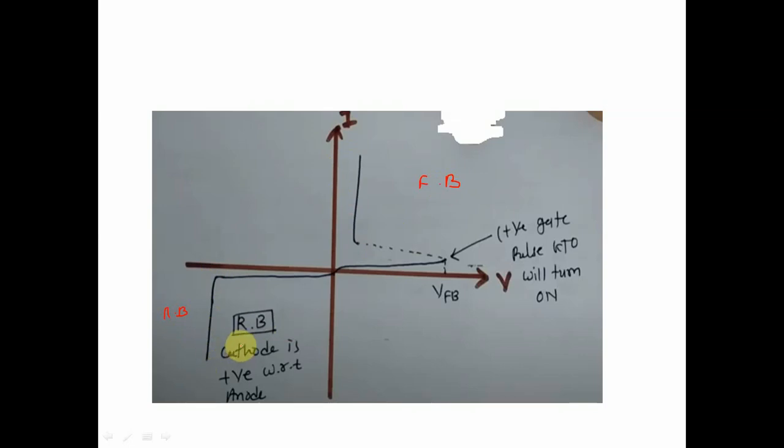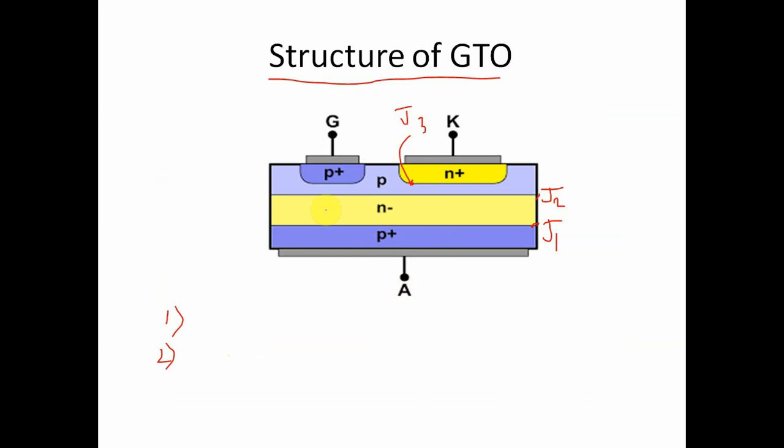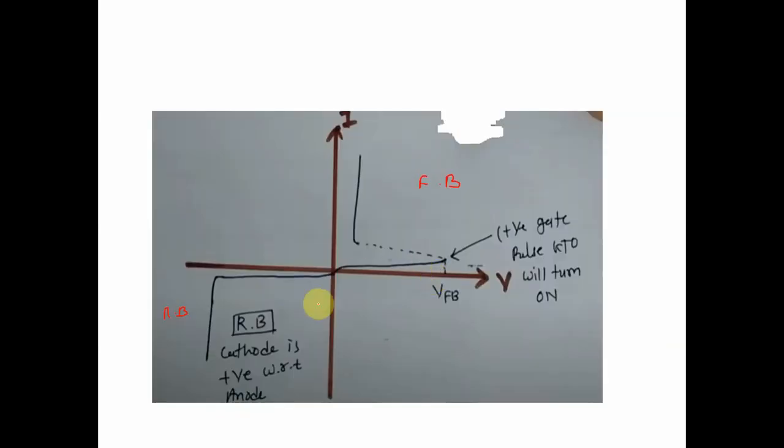In reverse biasing, the positive terminal of the battery is connected to the cathode and the negative terminal of the battery is connected to the anode.